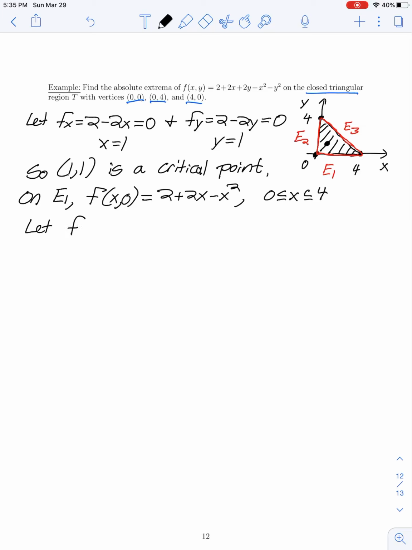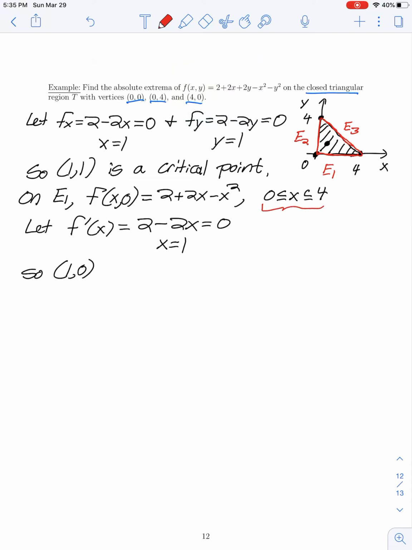So to find the maximum or minimum values of a single variable function, we recall from Calculus 1 that we would take the derivative of this function, which is now just a function of x, and set it to 0. So we have here 2 minus 2x would have to equal 0. So x could be 1. So we find that the point (1, 0) is a critical point.